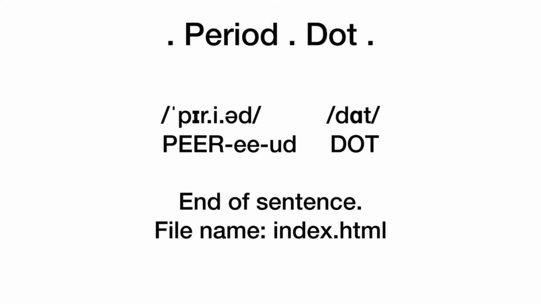Okay, next we have a period, which we tend to use at the end of a sentence, and we call it a dot when we are giving a web address or something more that is computer related. So if you want to say period, this is really confusing for a lot of my students. We're going to start with ear vowel.